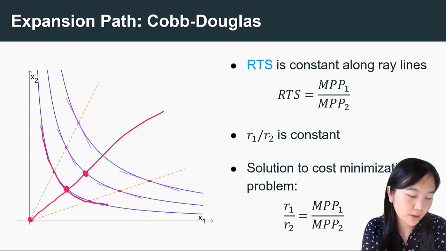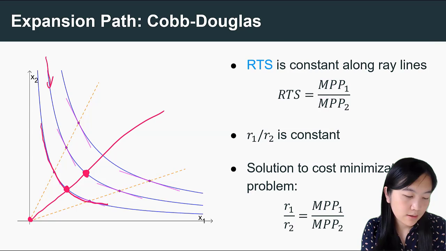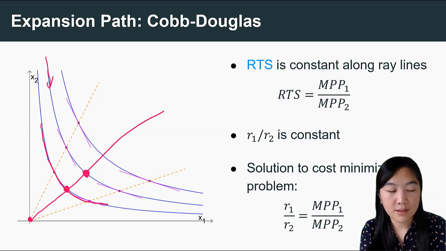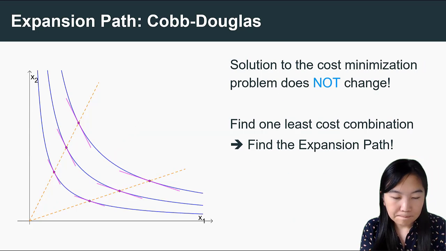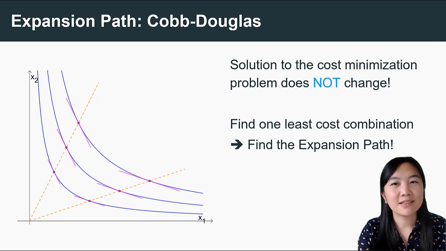Then this point, for this isoquant curve, or for that output level, will also be the cost minimization point. So that means the solution to the cost minimization problem doesn't change.